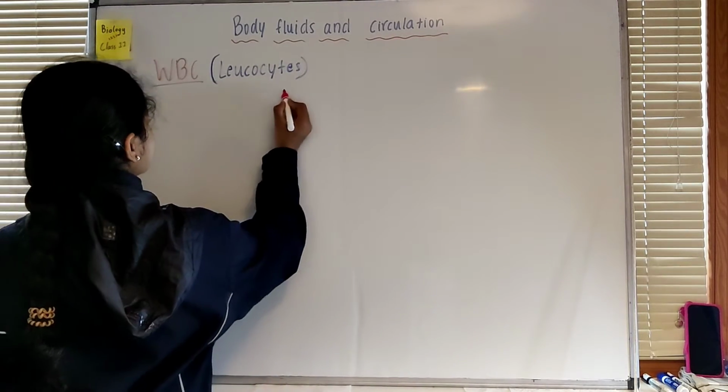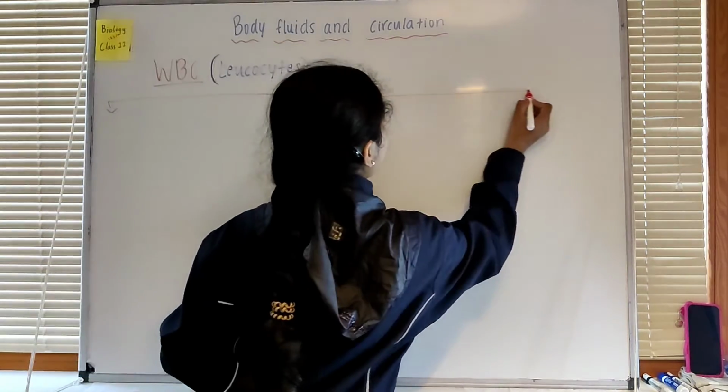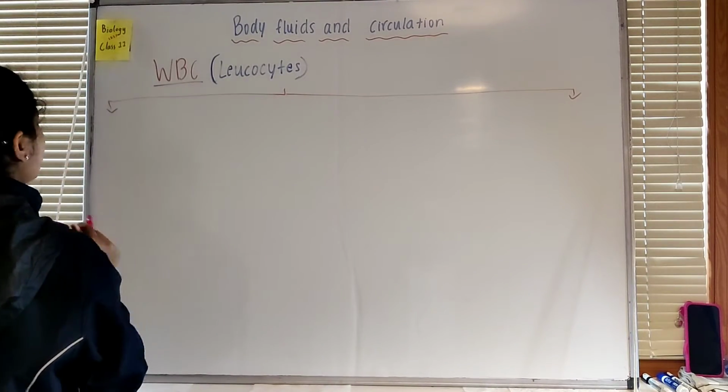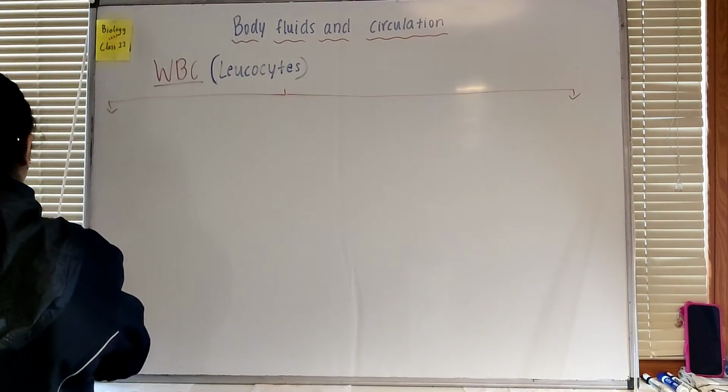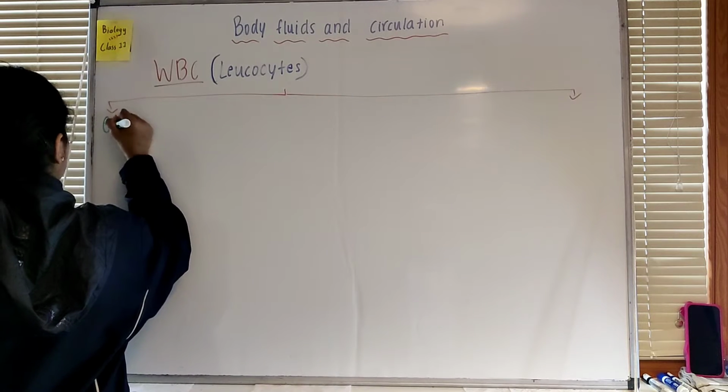Now WBCs can be divided into two categories on the basis of the presence of granules in the cytoplasm. If the granules are present, they are known as granulocytes.